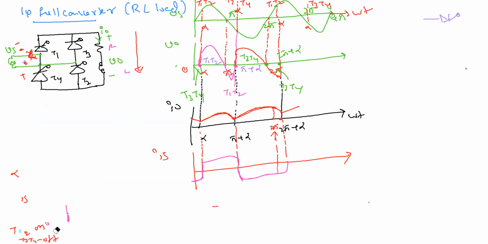So we always use a freewheeling diode. That is very important for us because I want to make the average voltage more. Average voltage should be more. So here, RL load with freewheeling diode, just drawing that.